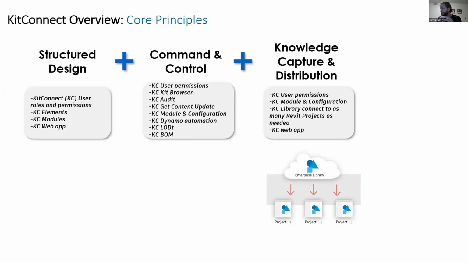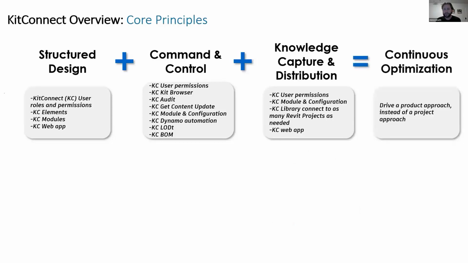The only way to really do that truly is through a link. There's not really any other successful way to continuously edit and change these components and have them all propagate to a Revit file. Do this at a scale, it becomes really hard to manage. So this is where KitConnect is going to come in and really kind of turn into your rock star. It's going to let you control, command, and create and distribute your content in hundreds of different ways.